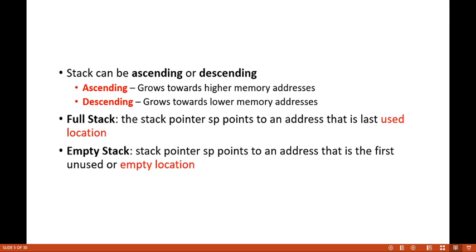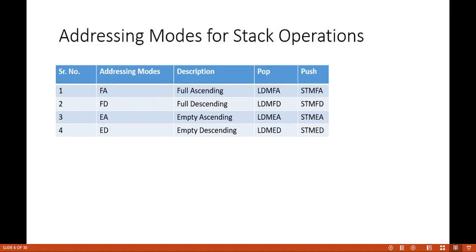Now, which instructions are used for stack related operations? Here you can see the list of the instructions in the last two columns. You can see there are LDM and STM versions there. So here LDM is used for pop operation. Pop operation means taking the data from the memory. So you are collecting something from the memory, that is called as a pop operation.